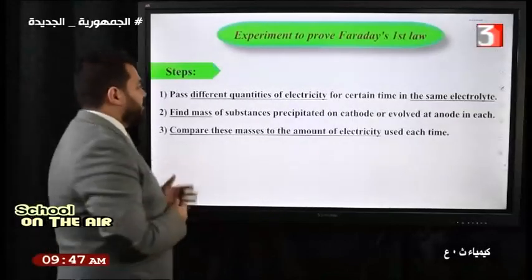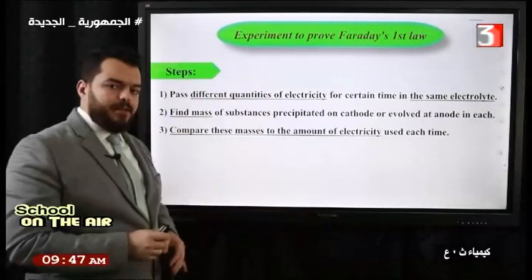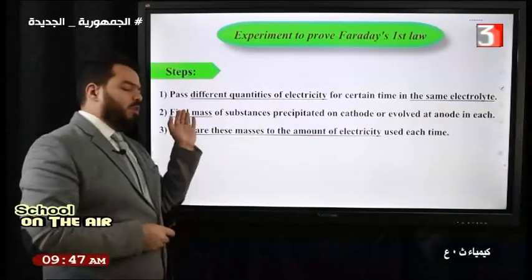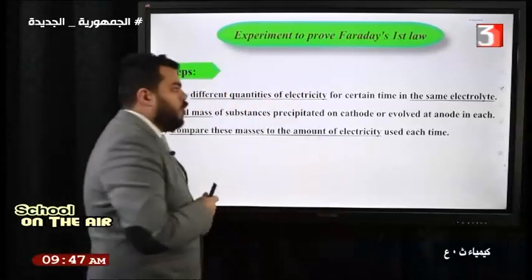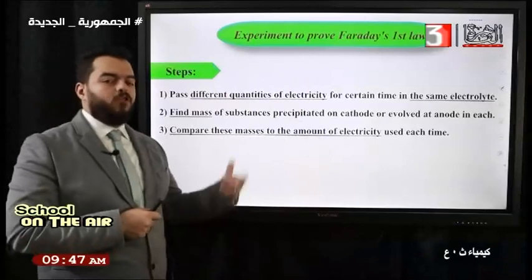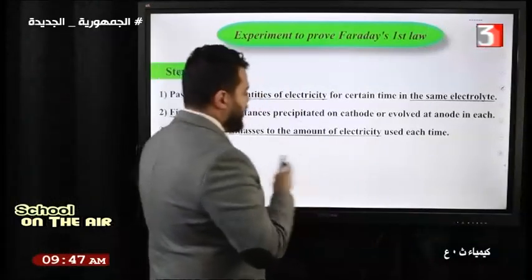He connected different quantities of electricity to the same electrolytic cell, found the mass precipitated on the cathode or decreased or evolved from the anode, and compared these masses together.